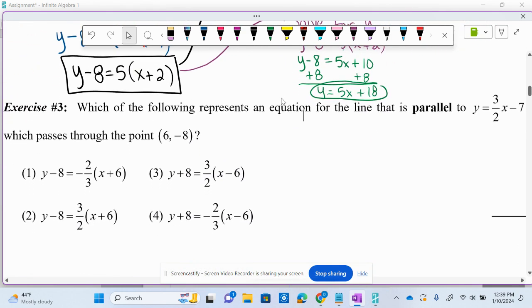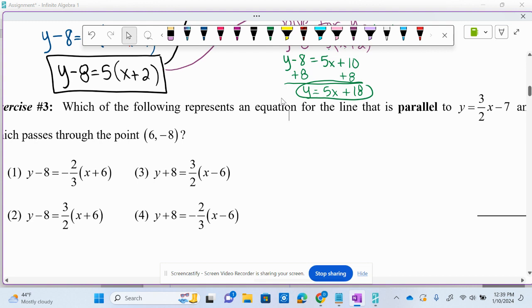So example number 3 has a vocabulary word in there. I tried to make it bold for you. Which of the following represents an equation for a line that is parallel to the equation y equals 3/2 x minus 7 and passes through the point 6, negative 8?